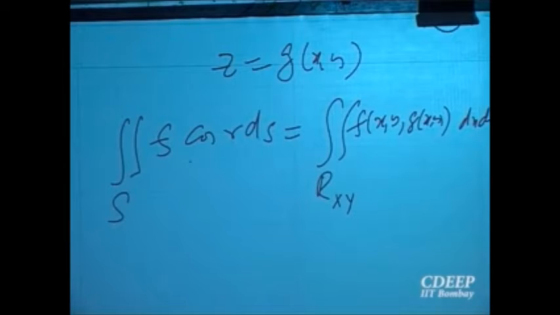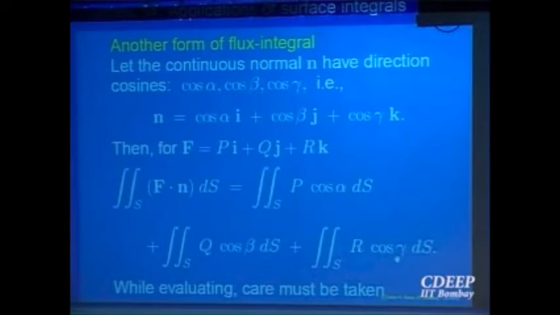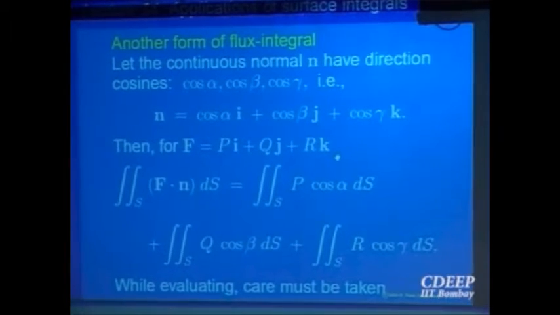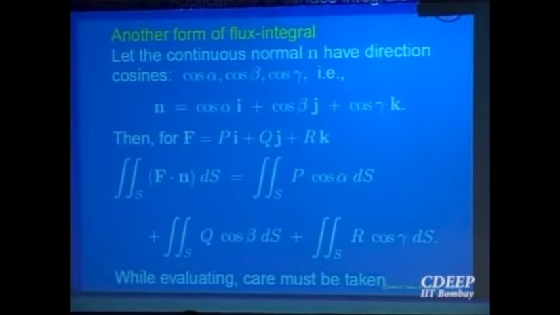This is the formula we got last time, right? But here this angle gamma is the acute angle between the normal and the z-axis, while in the formula that we are writing here, this gamma may not be the acute angle because it is the actual direction cosine. So if it is obtuse, then while computing in terms of the double integral, we will have to put a negative sign in front of it.